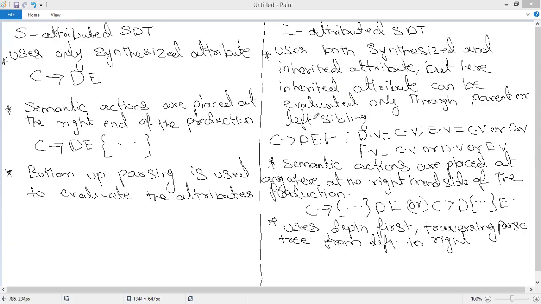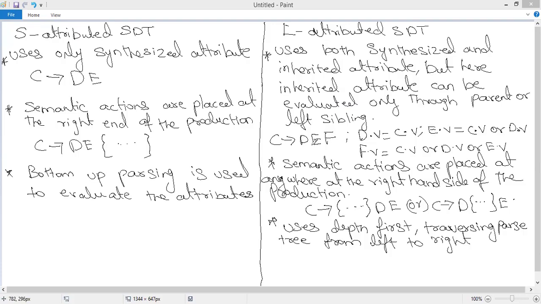Generally, an inherited attribute can be evaluated by the parent or the siblings, either left or right sibling. But in L attributed SDT, the inherited attribute will be evaluated only through the parent or left sibling, along with the synthesized attribute. For example, we take this production rule C tends to DEF.